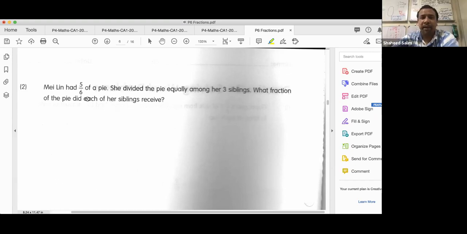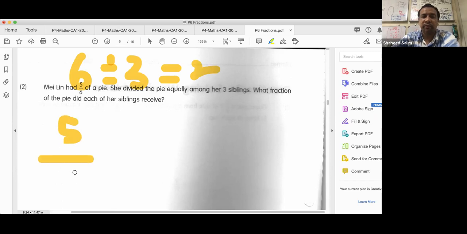Okay, Iman, it's the same thing. Let's say now, you want to divide this. Let's say you got 6 pies. You have 3 siblings. You want to divide it, so 6 divided by 3, and you get the answer 2. So the same thing, you take 5 over 6 divided by 3 over 1.